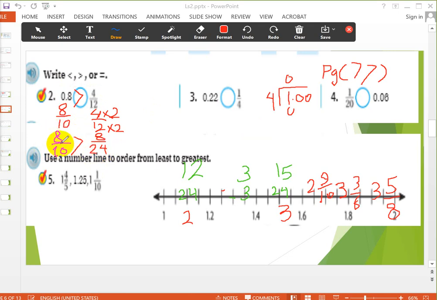If you have 8 riyals and divide on 10, it will be greater than if you divide the same amount of riyals on 24. That's because I want to divide on 24. So when the divisor becomes greater, the number becomes smaller. The value of the fraction becomes smaller.